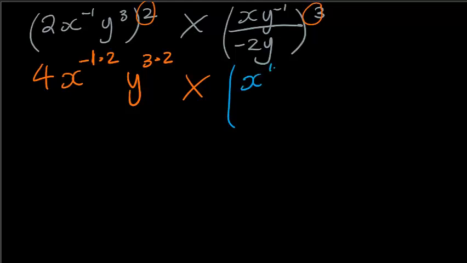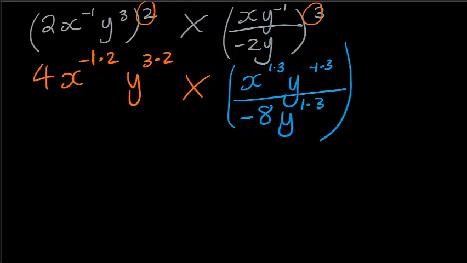On the top I have x 1 times 3, y minus 1 times 3, over minus 2 to the power of 3 is going to be minus. Minus times minus is plus, times minus is minus. 2 to the power of 3 is 8, y 1 times 3.